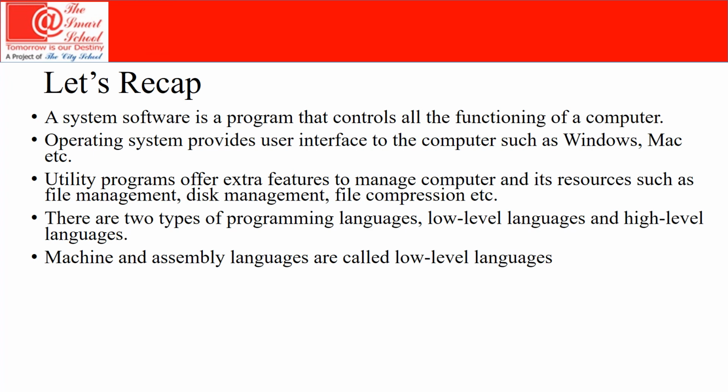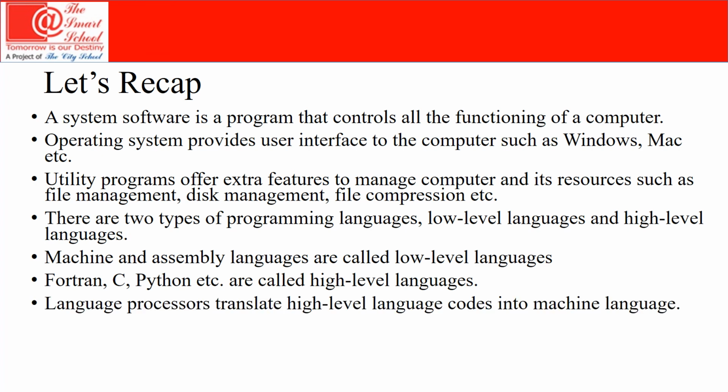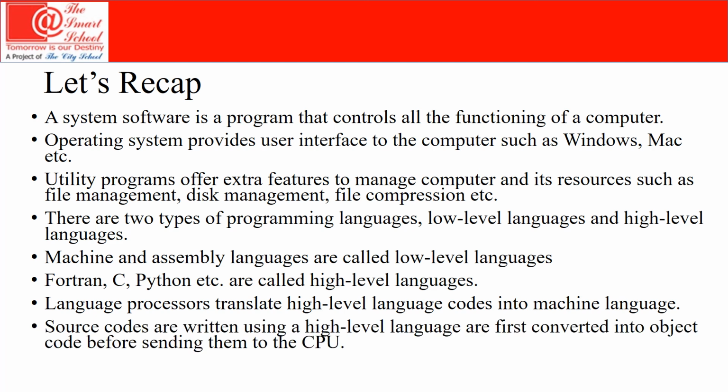Machine language and assembly language are called low-level languages. Fortran, C, Python, etc. are called high-level languages. Language processors translate high-level language codes into machine language. Source codes are written using a high-level language, and are first converted into object code before sending them to the CPU.